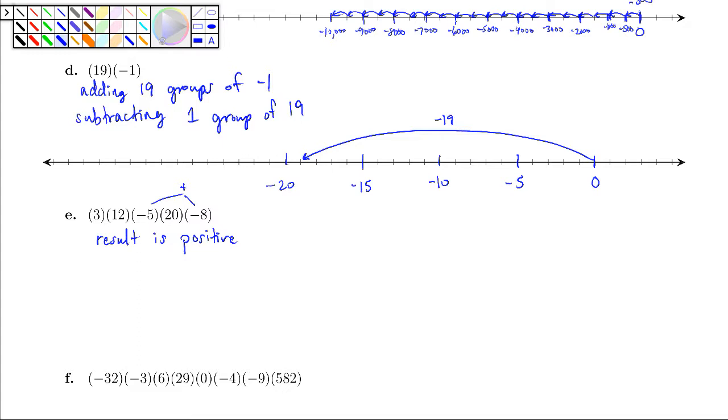And I really like that 5 times 20, so that part is 100 times 8. So again, I've already taken care of the signs, so I'm not looking at the signs anymore. I'm just saying they're all positive numbers now. So I could say this is 36 here, and then this is 800.